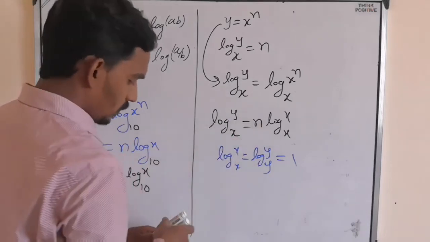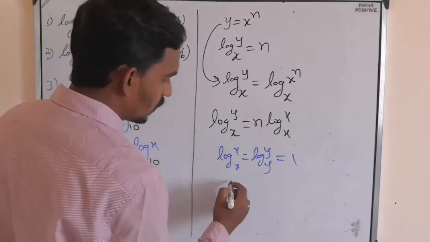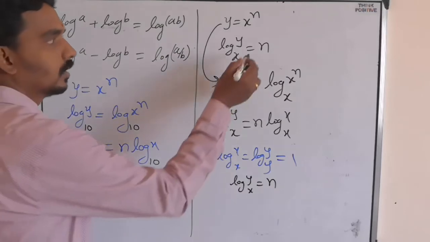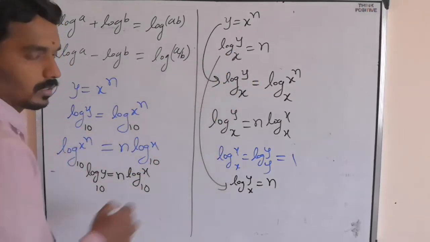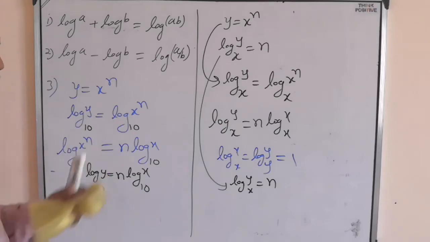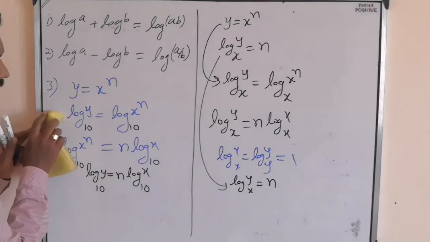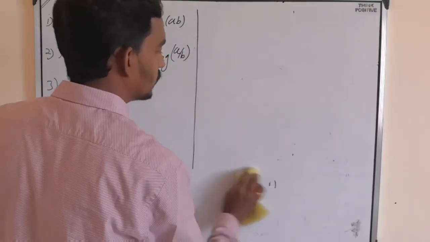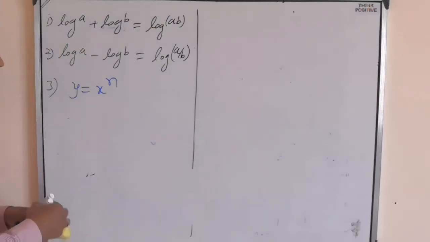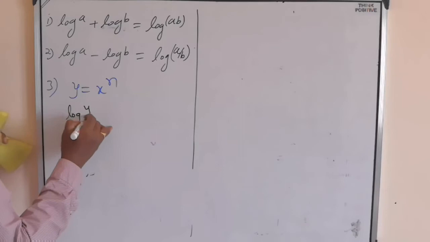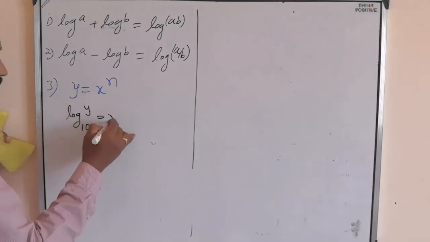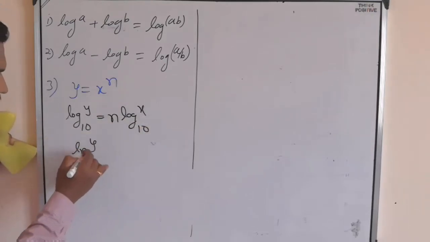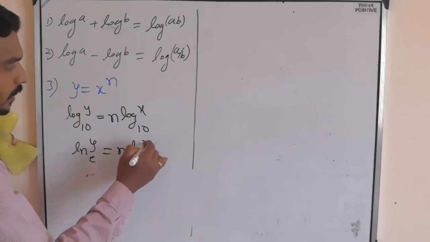So here it will become log y base x equals n into 1. So this is the result. The final conclusion is, see here, you can write log y base 10 equals n into log x base 10, or you can write ln y base e equals n ln x base e.